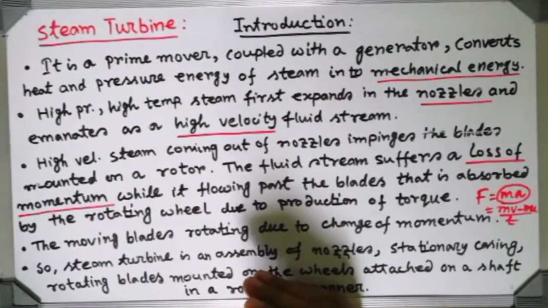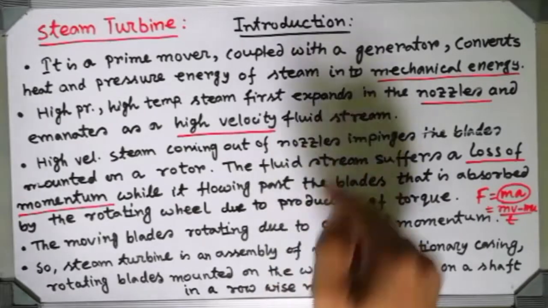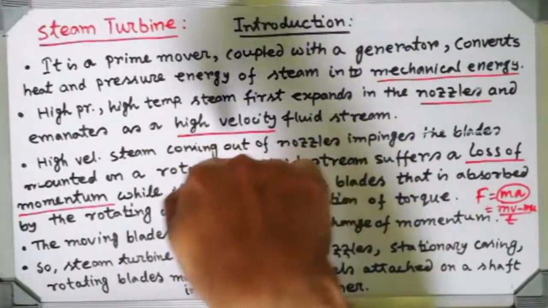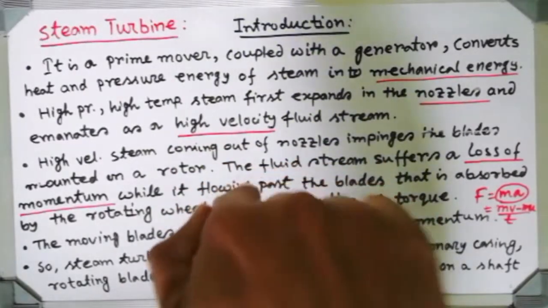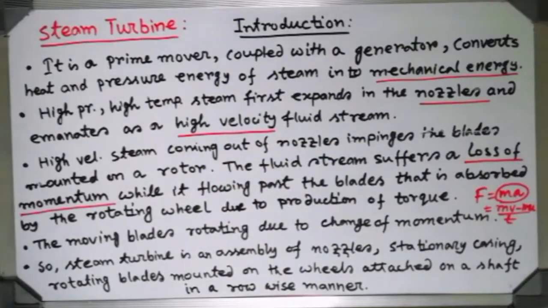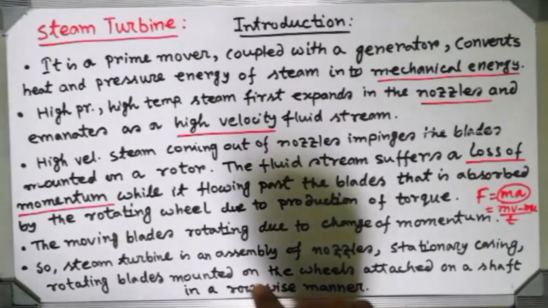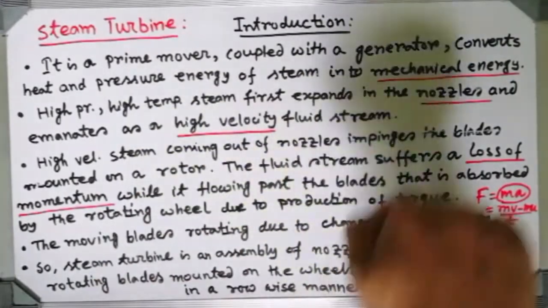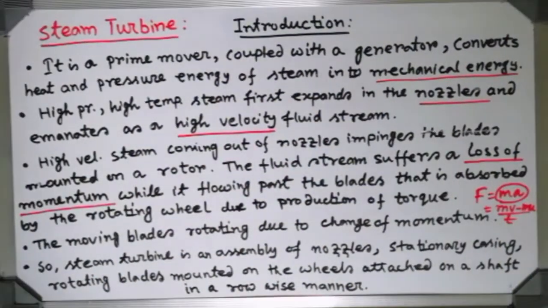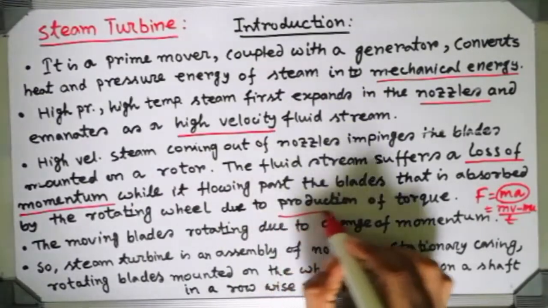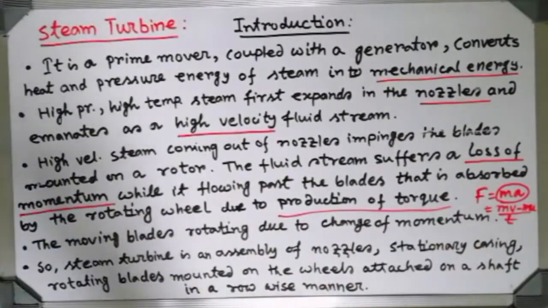With the help of the tangential force, that circular member will rotate with respect to a central axis. That is torque. So while you are trying to rotate a turbine, it is also a kind of rotating member. Then with the help of production of torque, you can rotate it.